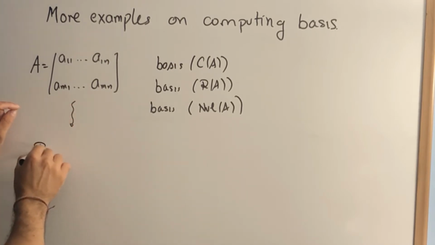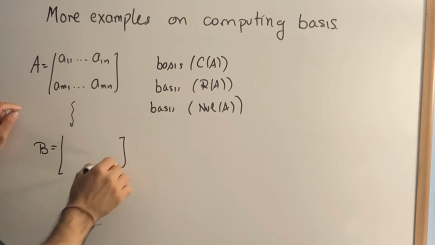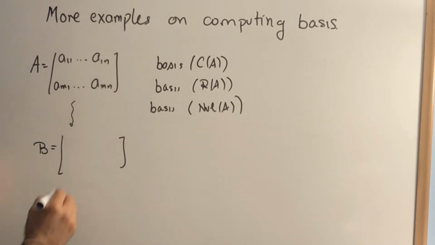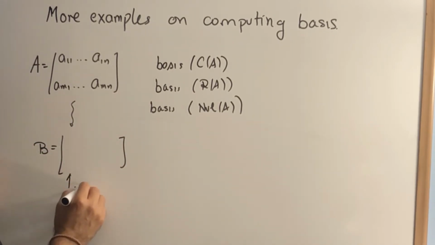We get a matrix B, and then in this matrix B, we select those columns that have a pivot.